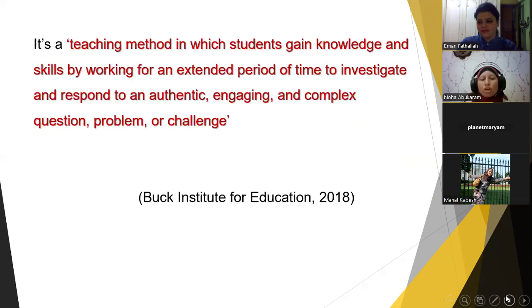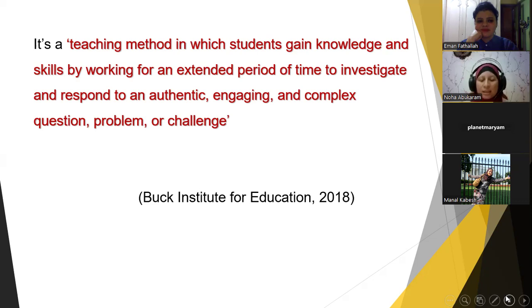Another definition, from the Buck Institute for Education: it's a teaching method in which students gain knowledge and skills by working for an extended period of time to investigate and respond to an authentic, engaging, and complex question, problem, or challenge.